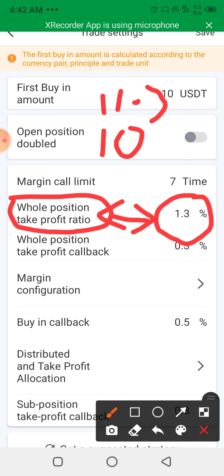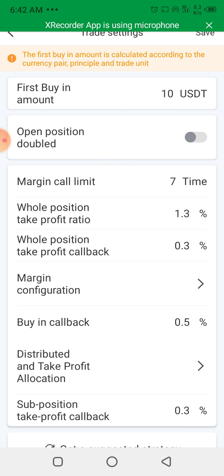Or I may be wrong in the calculation, but what it actually means is if this 10 USDT increased by 1.3%, you can do the mathematics, 1.3%, sell. Execute the trade for me. Basically, that's what it means.